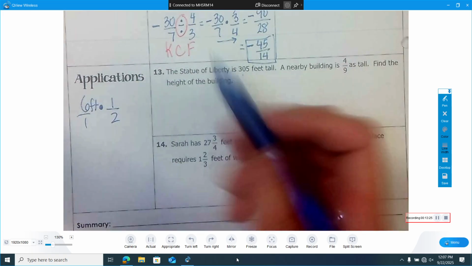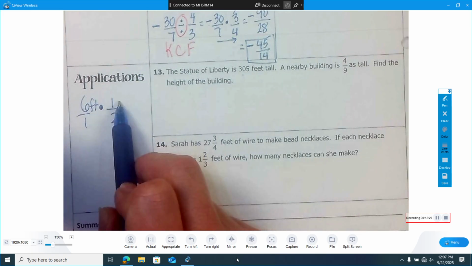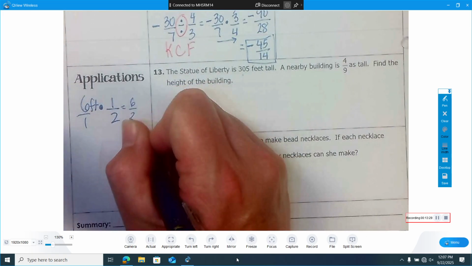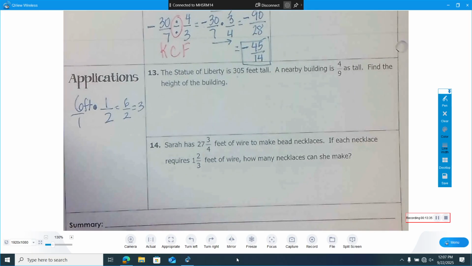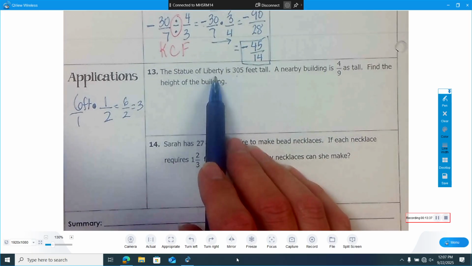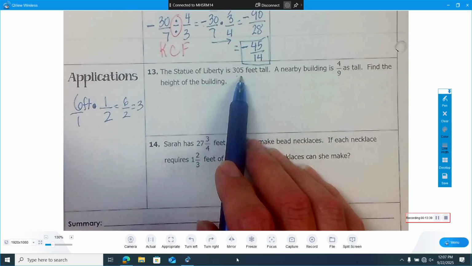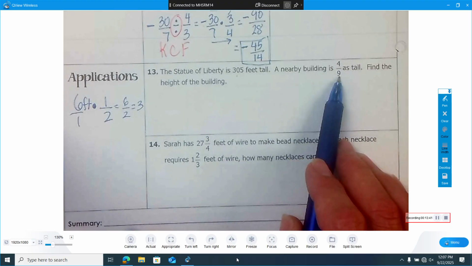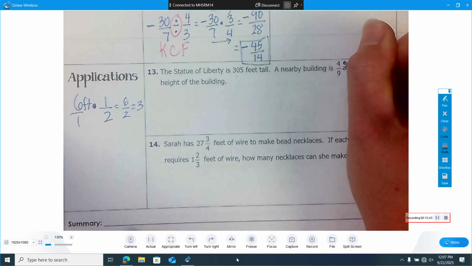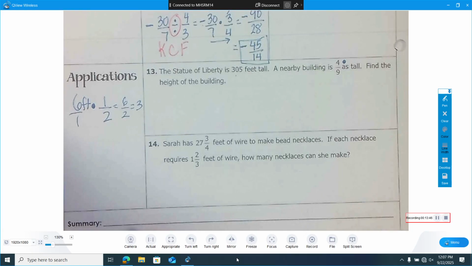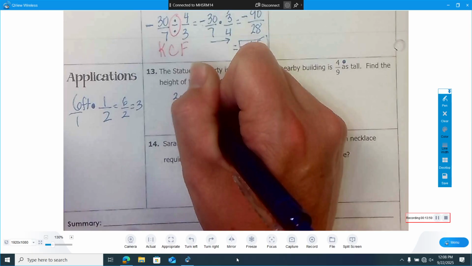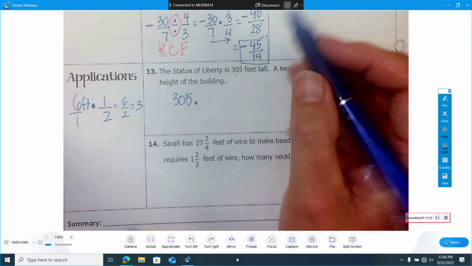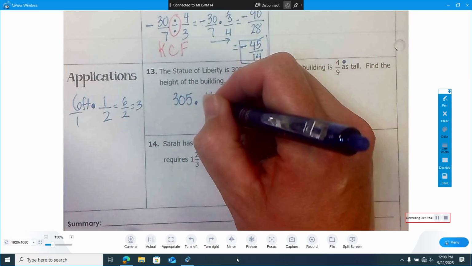If we multiply by a half, we would get 6 over 2, which is 3. So, on number 13, it says the Statue of Liberty is 305 feet tall, and a nearby building is 4/9 as tall. We multiply those together, so we're going to do 305 times 4/9.